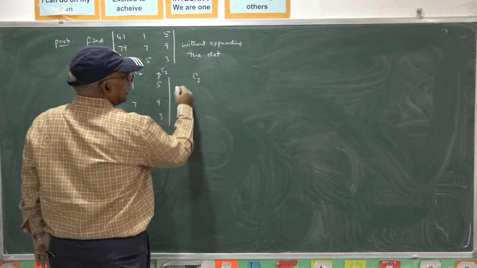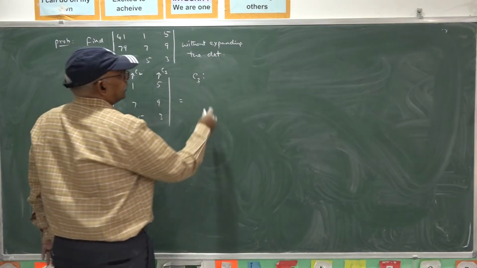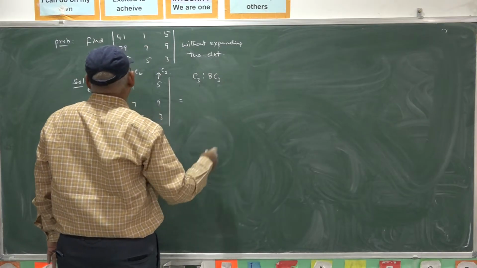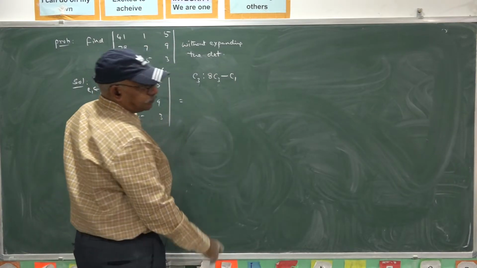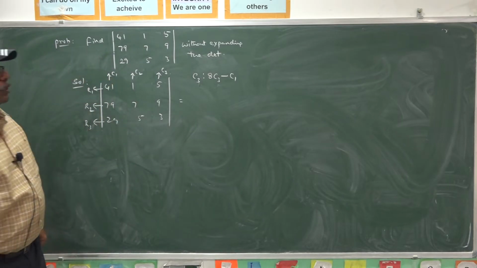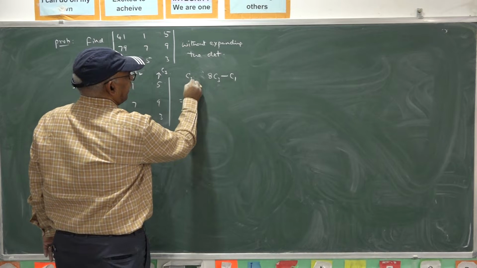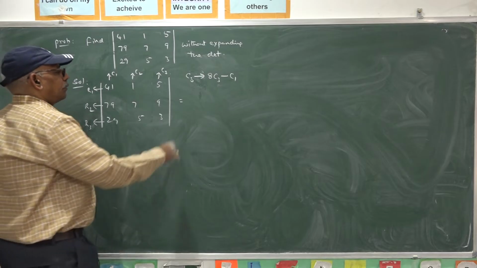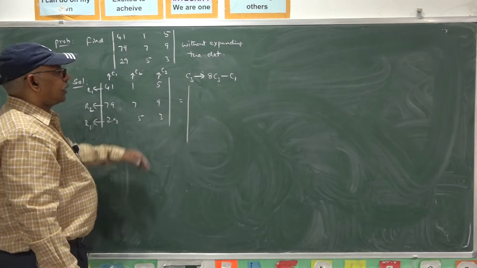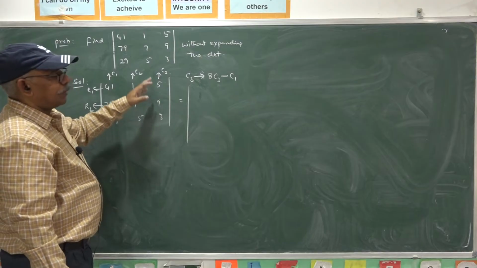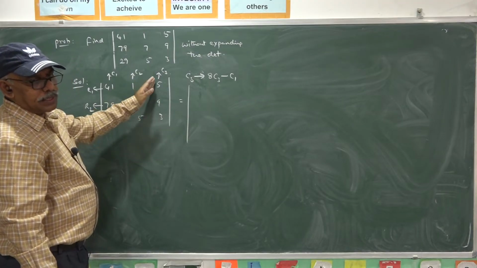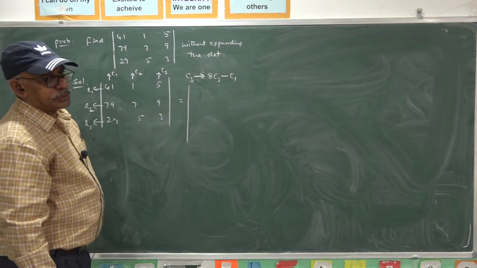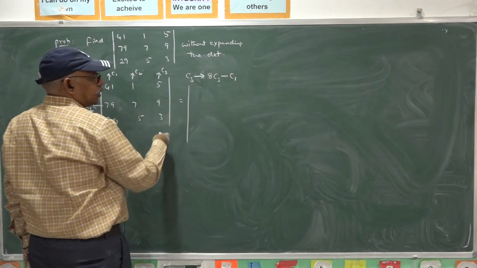That means if you consider C3, 8 into C3 minus C1. I am taking this transformation: C3 becomes 8C3 minus C1. That is our transformation. That means here I am multiplying the elements of column C3 with a constant 8 and subtracting the elements of C1 from those values and writing in C3, the third column.